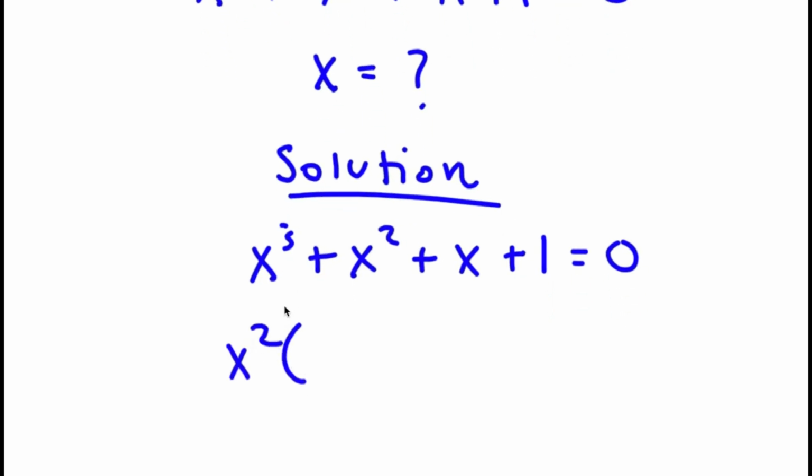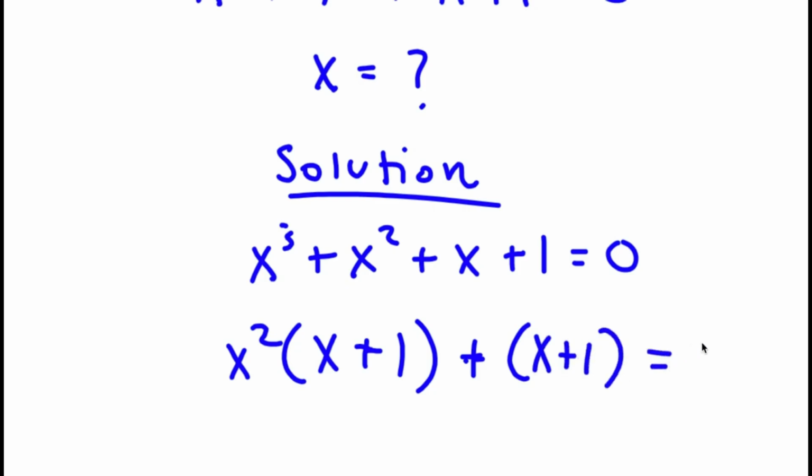So now I have x to the power of 2 times, well, x to the power of 3 divided by x to the power of 2 is simply x, plus x to the power of 2 divided by x to the power of 2 is 1. So I have x to the power of 2 times x plus 1, plus, simply all I'm left with is x plus 1. So this is equal to 0.